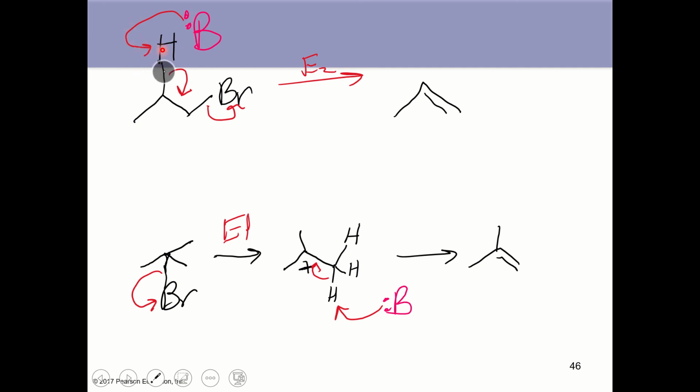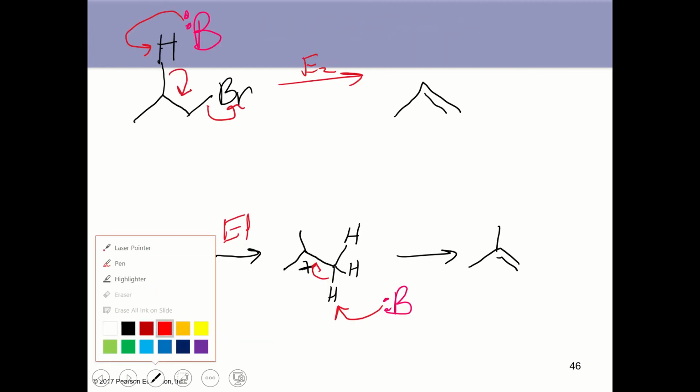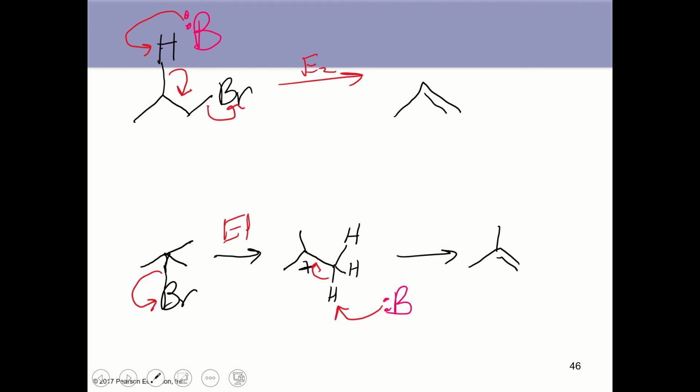At the same time that the hydrogen atom is being removed by B, the bonding electrons of hydrogen form a pi bond, and when the pi bond is formed, the halogen is kicked off. So the halogen gets kicked off, and we get our alkene final product in one step.